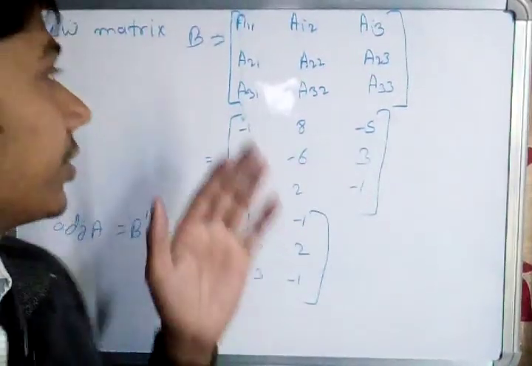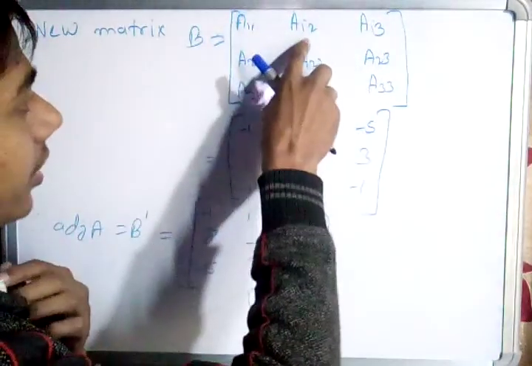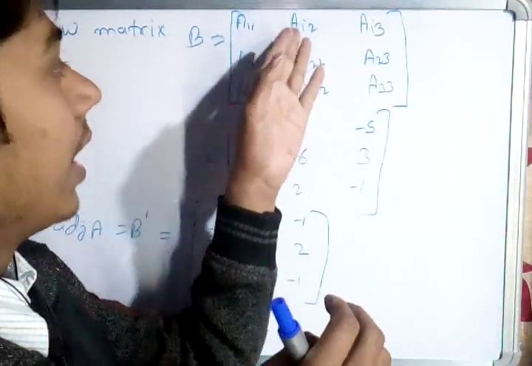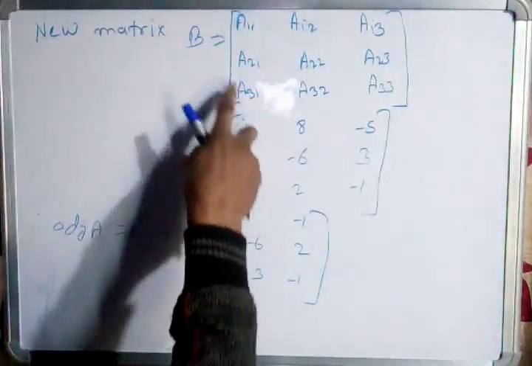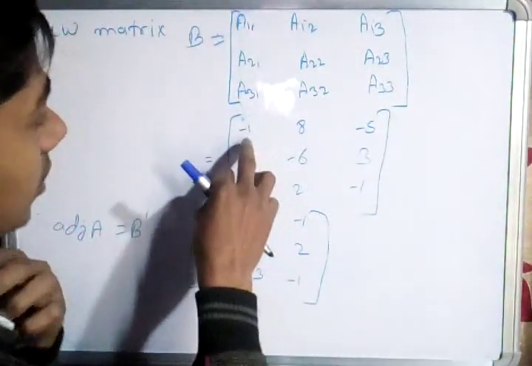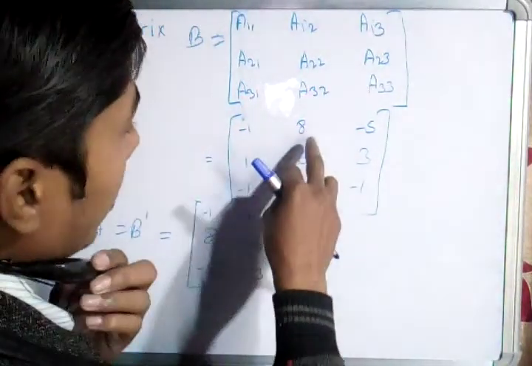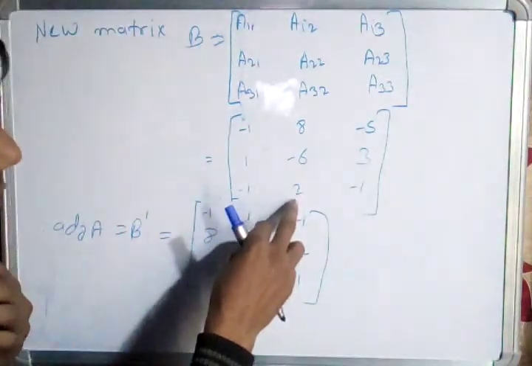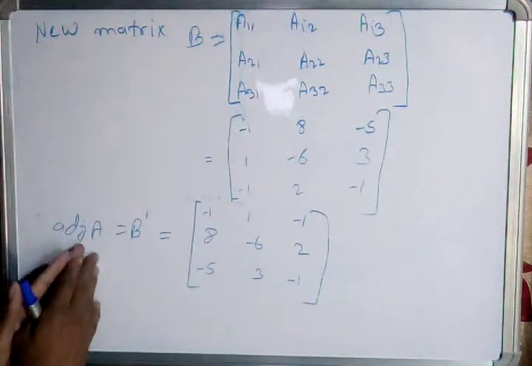Now a new matrix B. Here the new matrix B has entries where a11 is the cofactor of a11 and a12 is the cofactor of a12. So we substitute the values: -1 -1 8, -5 1 -6, 3 -1 2 -1.